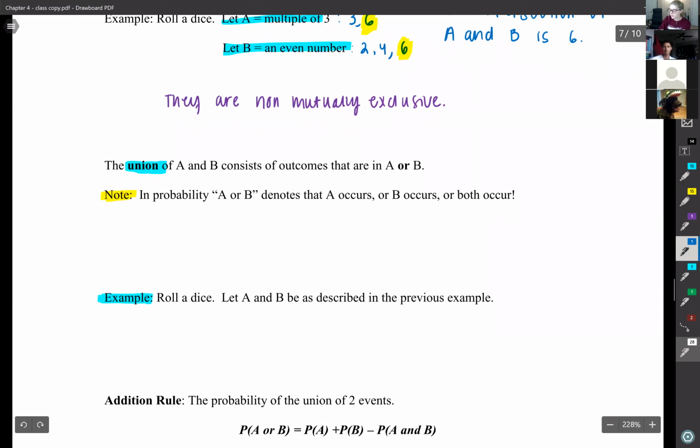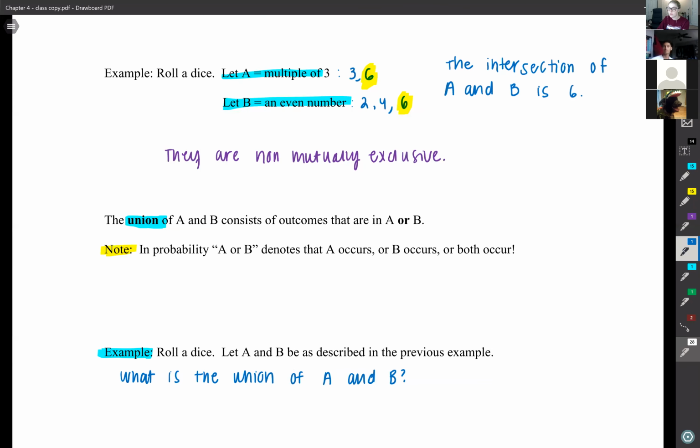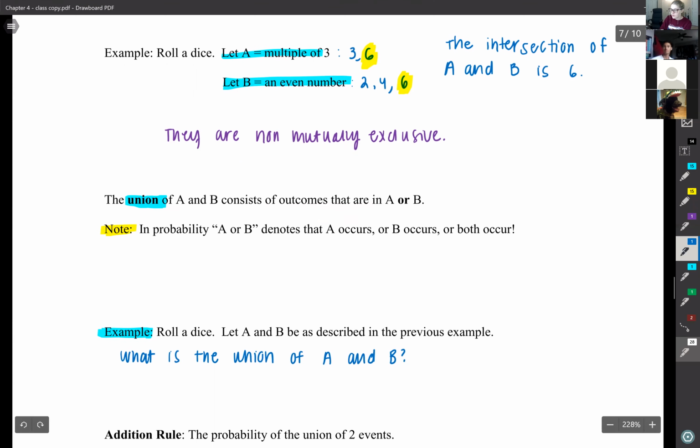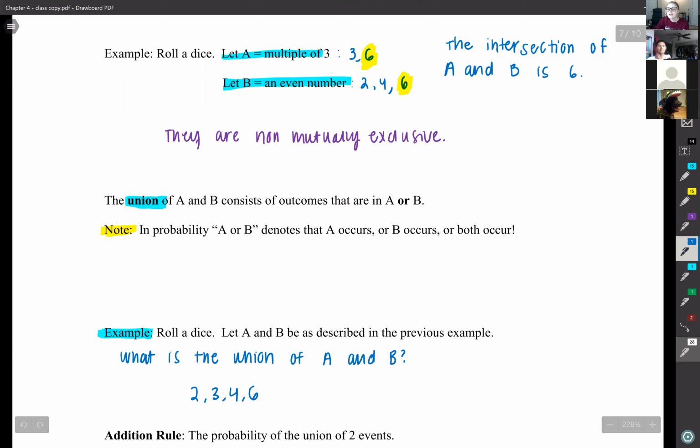So let's find the union of A and B. We already said that the intersection of A and B was 6 because that's the only thing they have in common. But the union is going to be everything from A and everything from B together. So if I add these together, the union of A and B would be 2, 3, 4, and 6. That's everything that exists between the two of them.